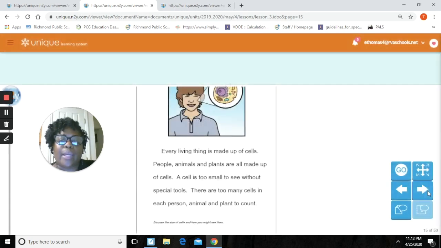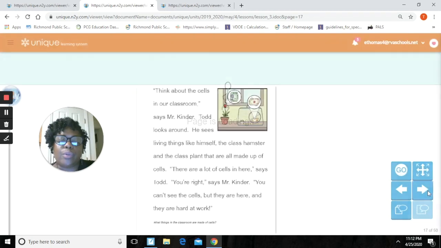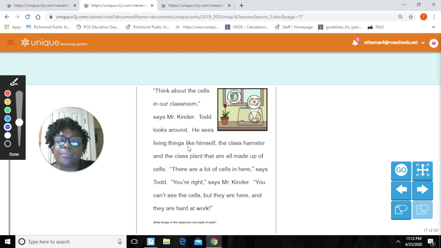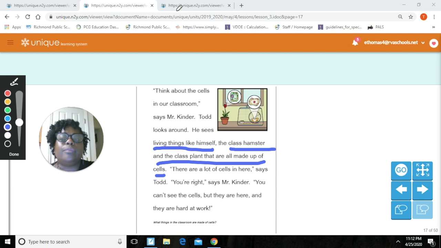So we go back in our story, and here we go. We see here that Mr. Kinder was talked about on this page, and Todd looked around and he saw himself, right? The class hamster and the plant were all made up of what? Cells, right? And he saw himself, okay?